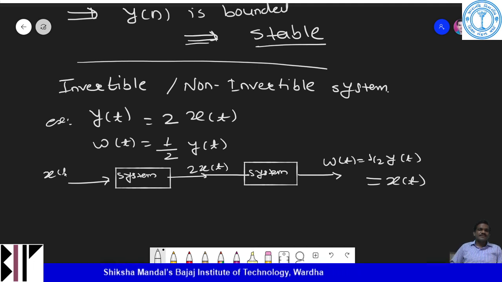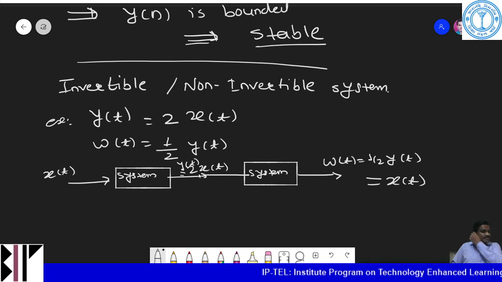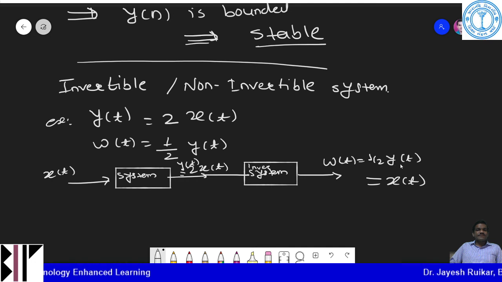So if I give x of t as an input to the system, I will get the output y of t, which is nothing but 2 times x of t. And when I give this 2 times x of t to this inverse system, I will get w of t, which is nothing but 1 by 2 times y of t. If you put the y of t value here, you will get x of t.